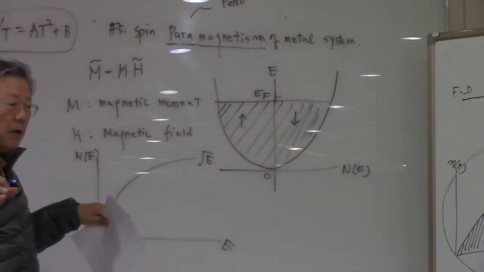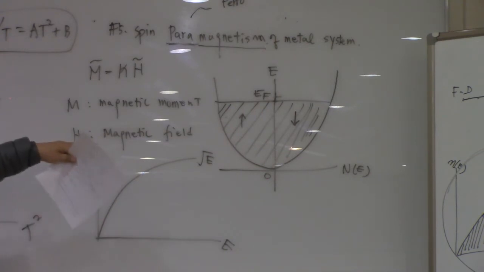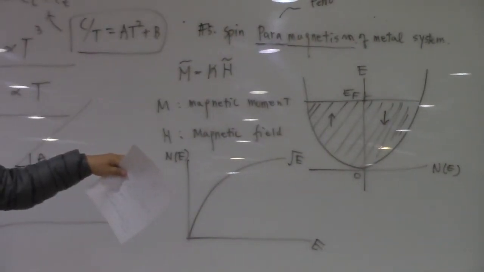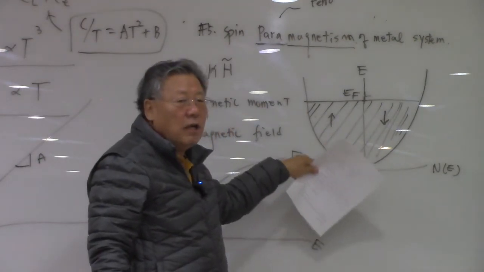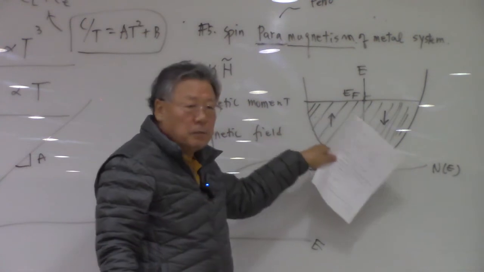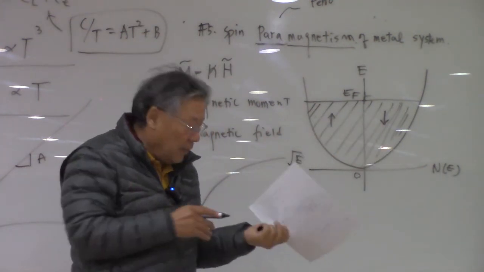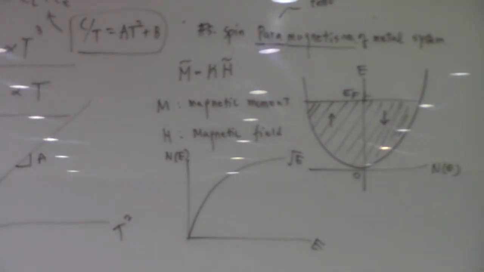And then the number of up and down is exactly the same, so that without any magnetic field, this metal does not show any magnetism, because the spin up and spin down are exactly the same. Now, what's going to happen if you apply the magnetic field to this?